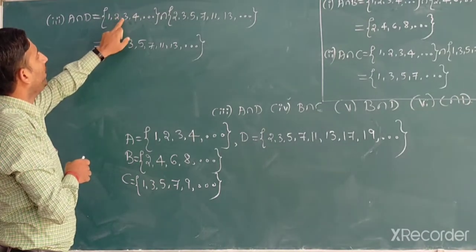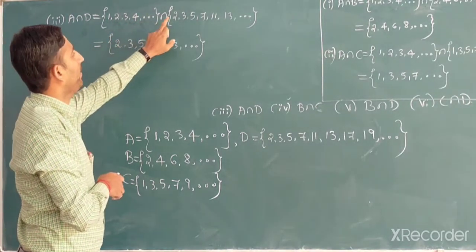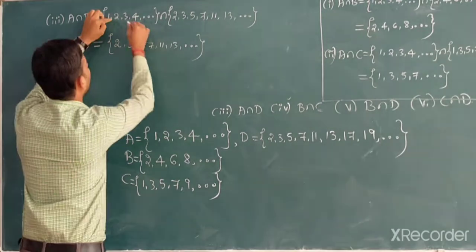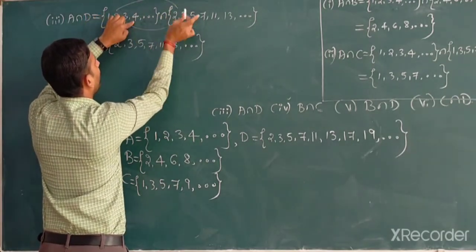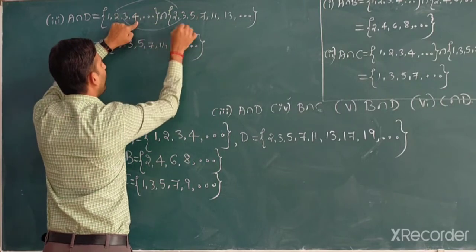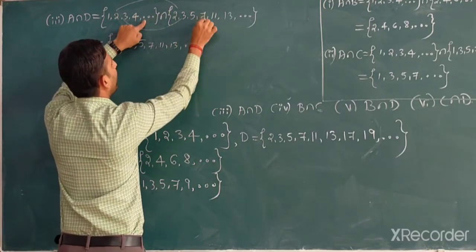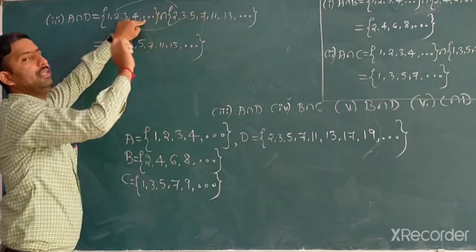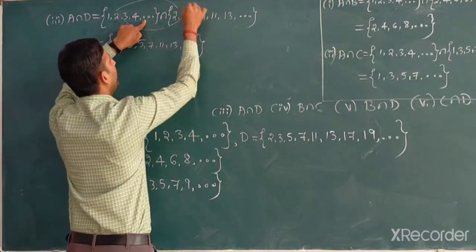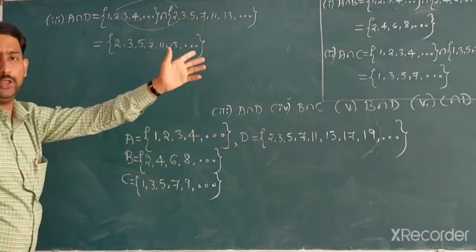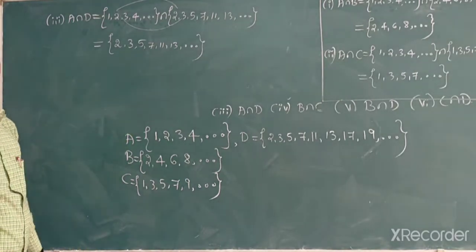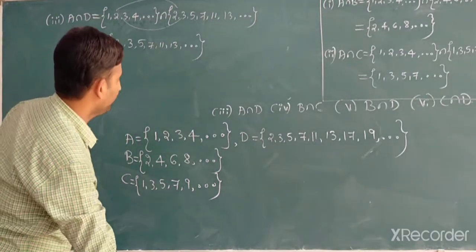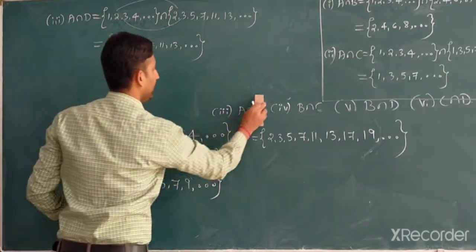What are the common elements? 2 is common, 3 is common, 4 there will be no 4, 5 is common, 7 is common, 11 is common. Therefore it continues. Therefore the set should be the set of prime numbers. Correct?